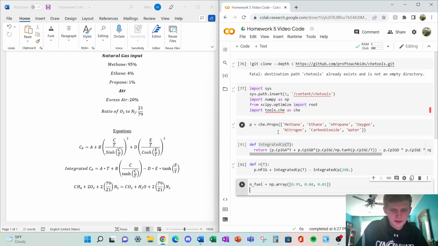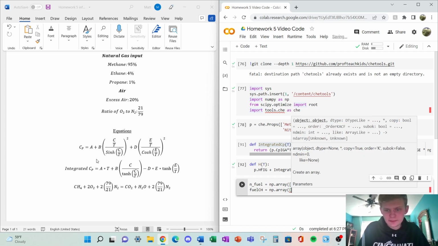So that is our function there, and then we're going to make another function that's going to be our fuel of CH. What this particular function is going to do is serve the number of atoms that are represented in methane, ethane, and propane.